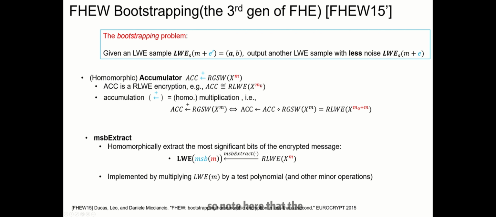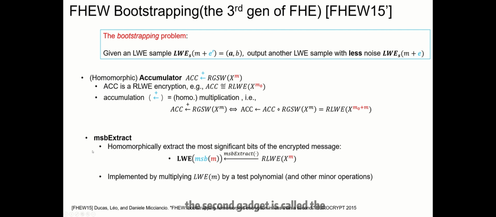So note here that the message is encoded in the exponent of x. Now the accumulation is essentially doing the ring GSW multiplication. In this way, we find that we're actually doing addition homomorphically over the exponent of x. So we're actually doing addition of M0 plus M over the exponent of the polynomial.